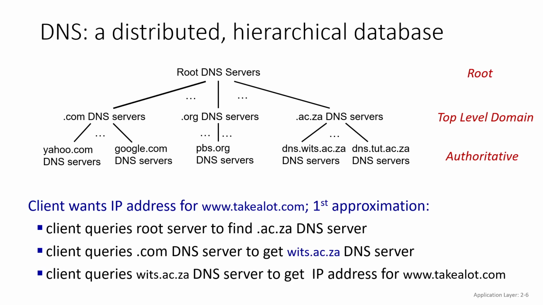Don't worry, I guess that will be the last change. So the authoritative domain name here will be dns.wits.ac.za, although we'll see in Wireshark that it is not the case. It's some other name, right?